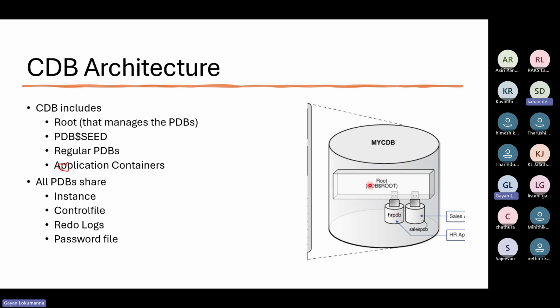Okay. So if I want to take a backup of the full database, I need to be in root to take that backup, because root will have the visibility to all the PDBs underneath. But if I'm already inside the HR PDB, then I cannot back up my root.